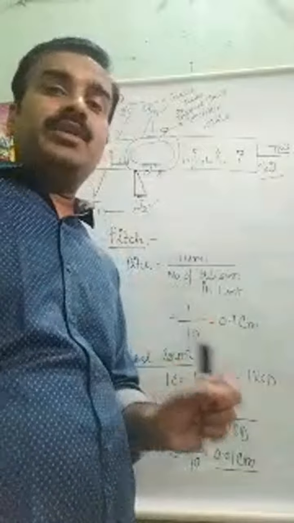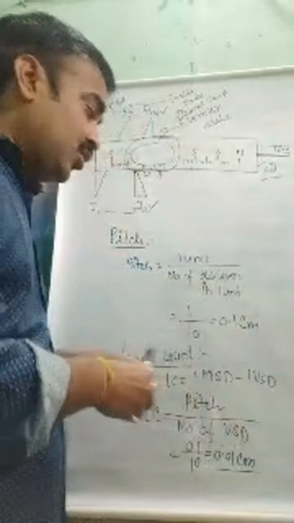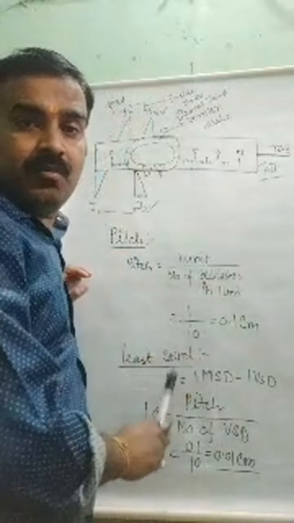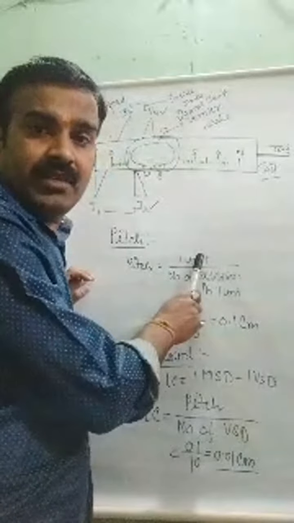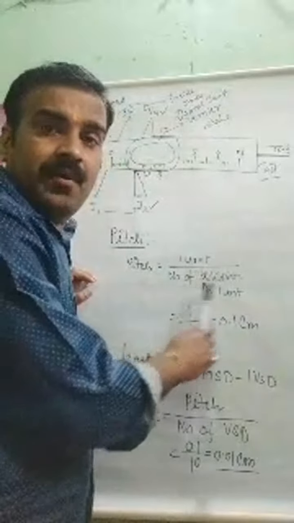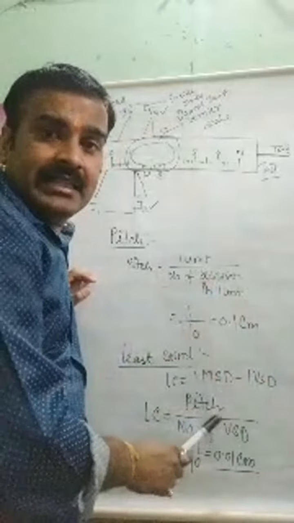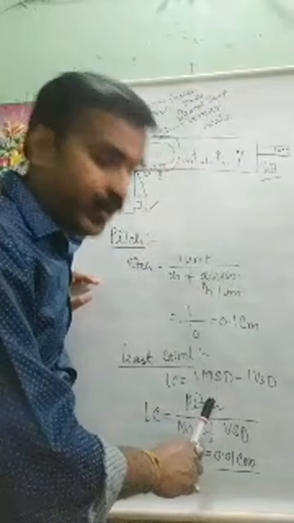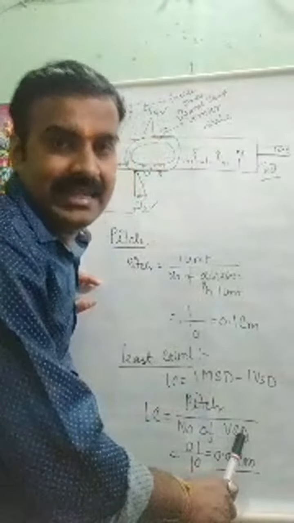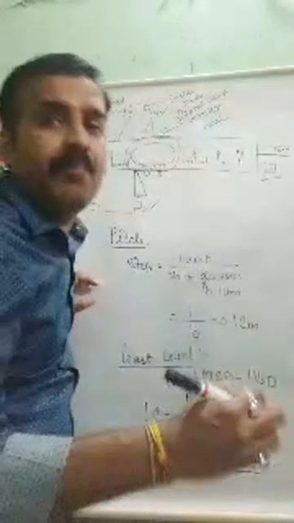When you solve numerical problems, especially numerical problems, keep this concept in your mind. The formula is pitch equals 1 unit upon number of divisions in 1 unit of the main scale, and the least count formula is least count equals pitch upon number of Vernier scale divisions.